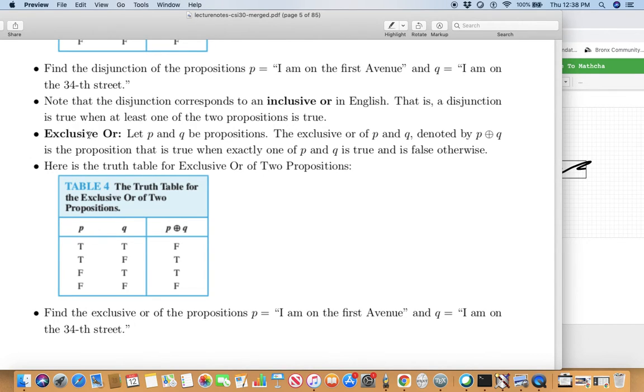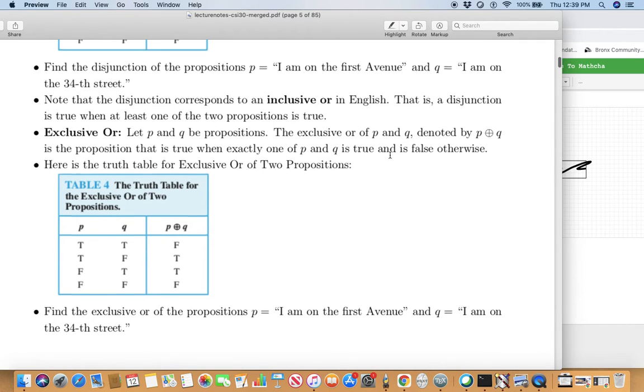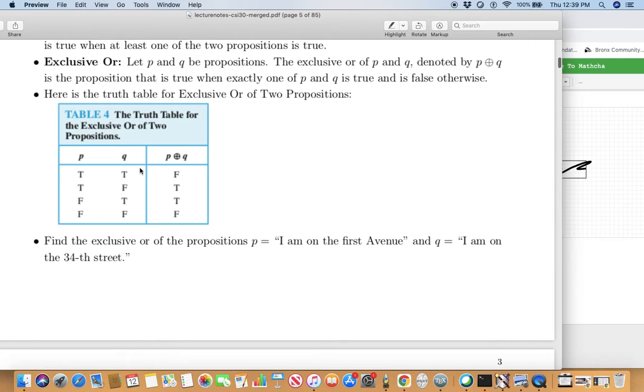Now, what is an exclusive or? Let P and Q be propositions. The exclusive or of P and Q is denoted by P with an O-plus, a circle and a plus inside, Q. This is the proposition that is true exactly when one of P and Q is true. So you are allowed to have only one true, not both true. P and Q are propositions, and P exclusive or Q is the result.